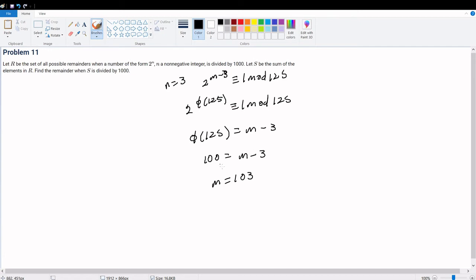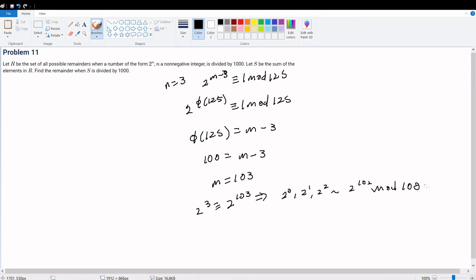So we found that 2 to the third is congruent to 2 to the 103. So we can say from here that the distinct elements of R are the remainders when 2 to the 0, 2 to the first, 2 to the second, and so on, all the way up until 2 to the 102, mod 1000.